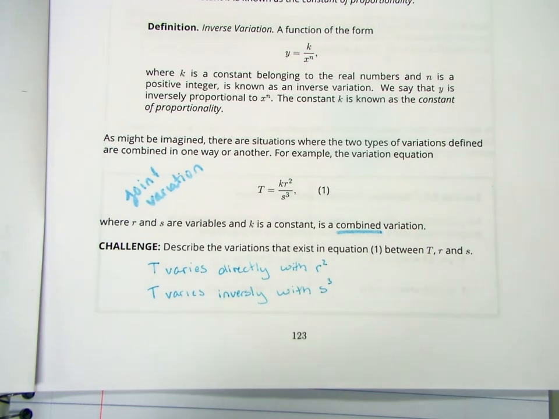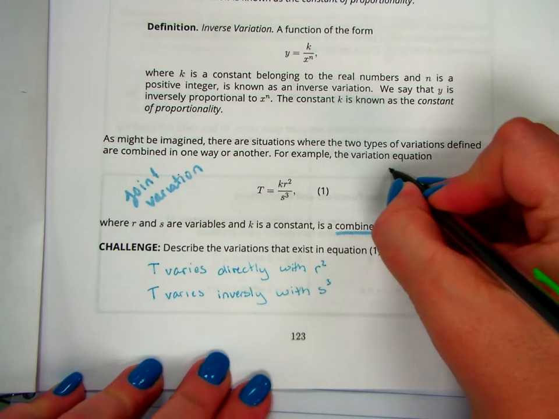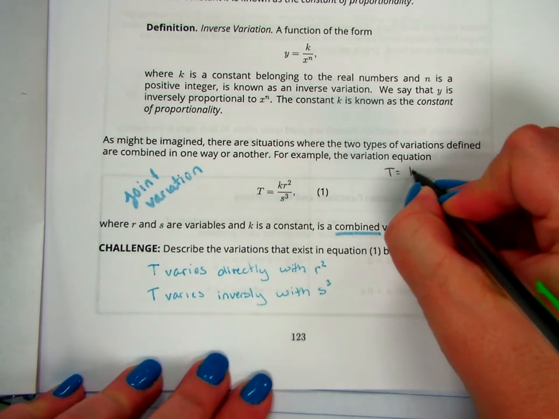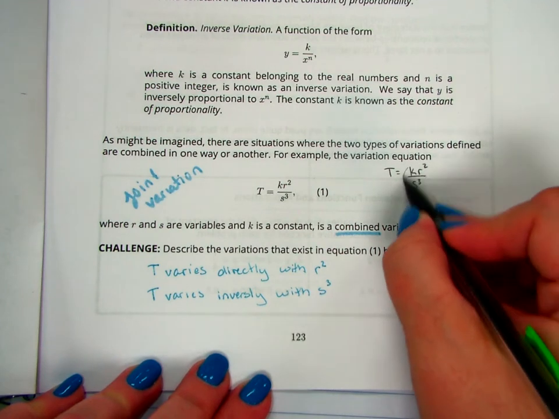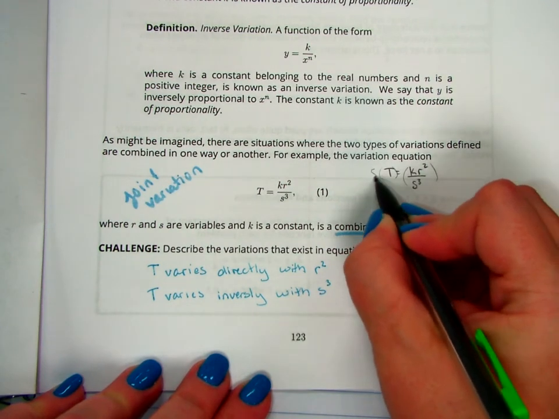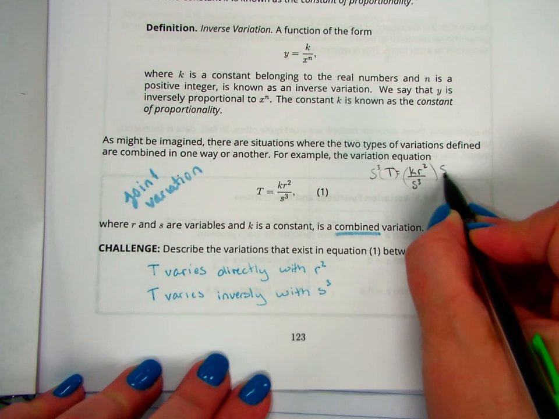Now here's kind of a tricky one that we don't always think about. If I took this equation, t equals k r squared over s cubed, we could multiply both sides by s cubed.